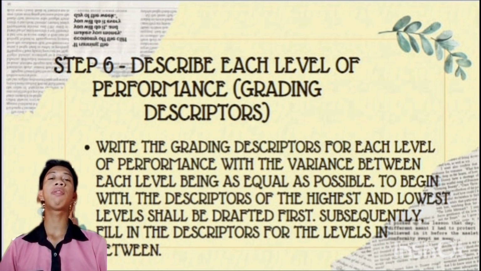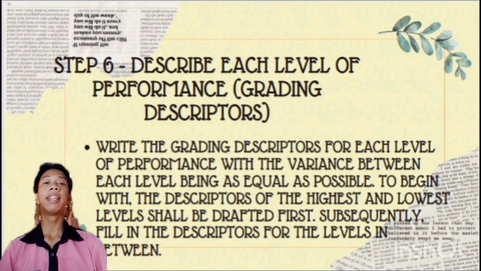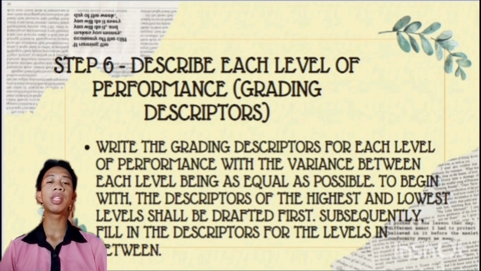Describe each level of performance with grading descriptors. When writing the grading descriptors, make sure that the variances between each performance level are as small as feasible. First, the highest and lowest level descriptors will be drafted. Next, complete the level descriptors that fall between.